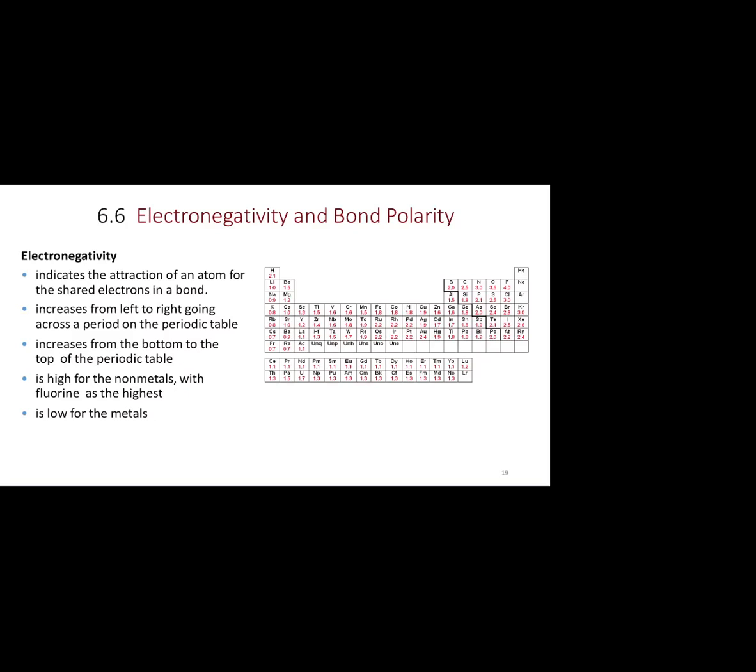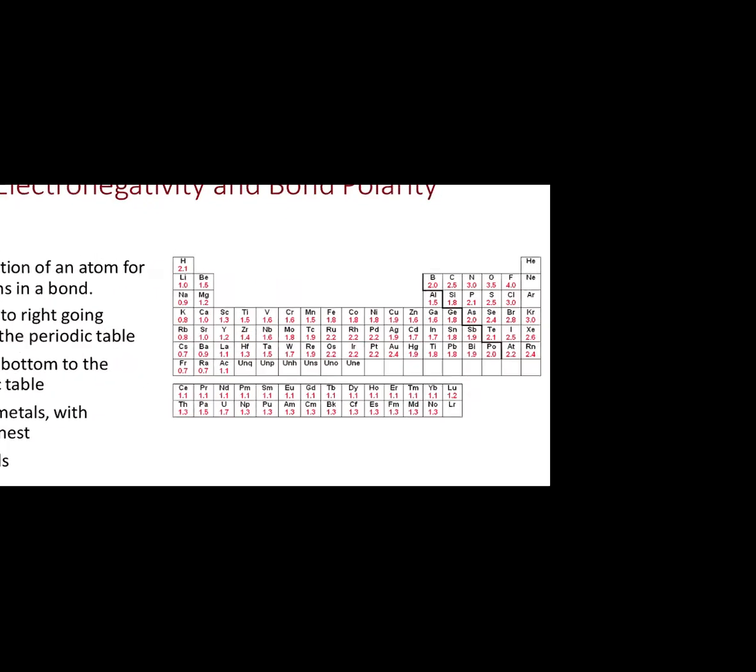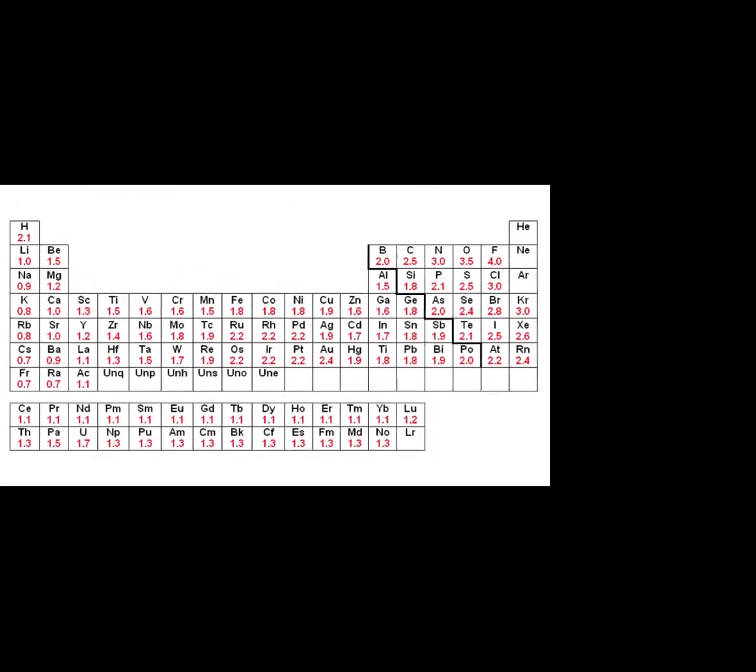In the reference list for exams, I already gave you a periodic table that has the values for electronegativity. So when we look at electronegativity, understand that the most electronegative atom is fluorine.